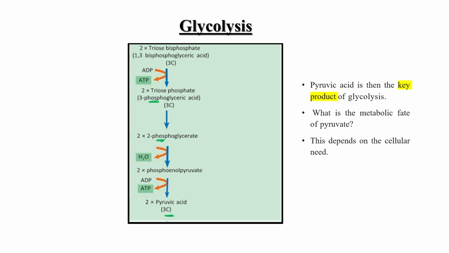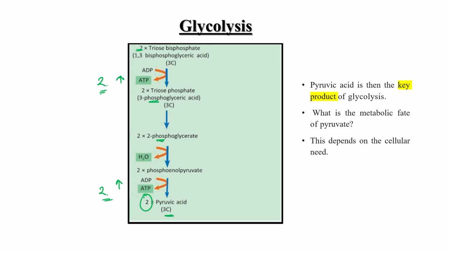So from 1 molecule of glucose, 2 molecules of 3-carbon pyruvic acid have been generated, and in this process 1 ATP has been produced, and in this step 1 ATP has been produced, and this is for 2, means 2 ATP have been produced on this step, 2 ATP on this step.